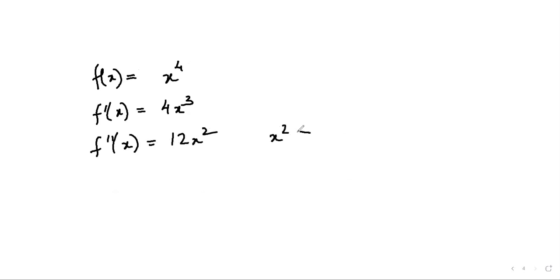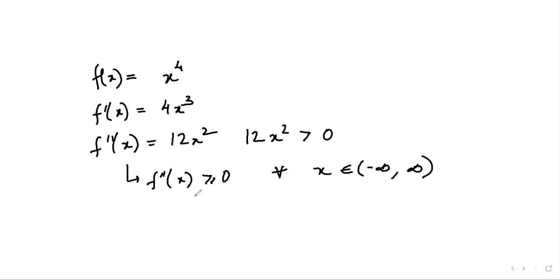X square is always positive, so 12x square is always positive. Since f double dash x is greater than or equal to 0 for all x, anything between minus infinity to infinity, it's a convex function.